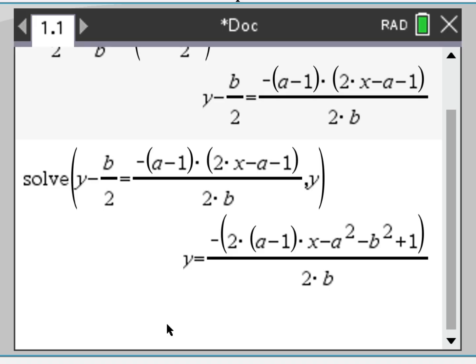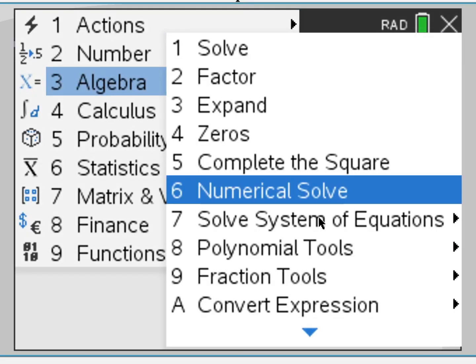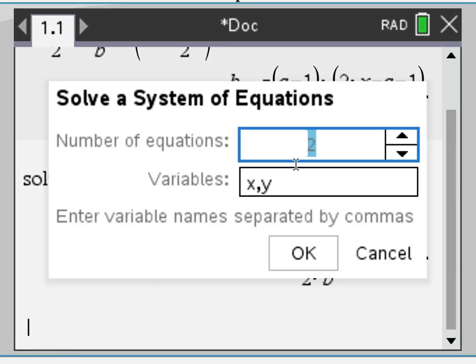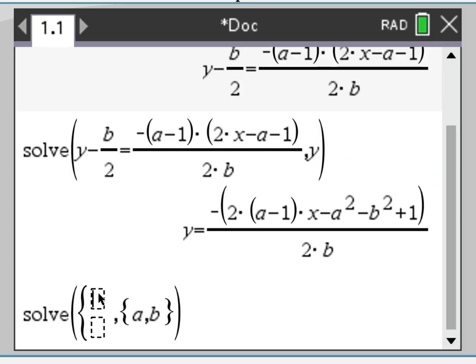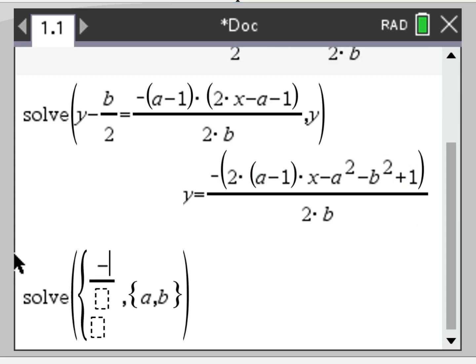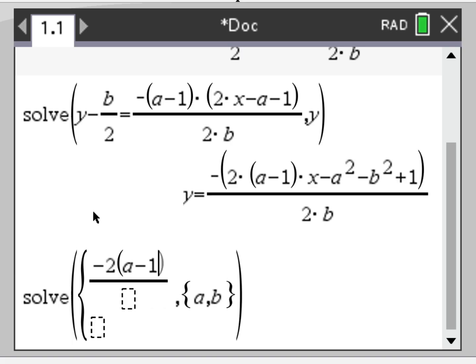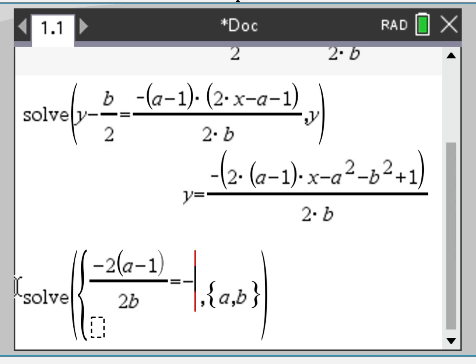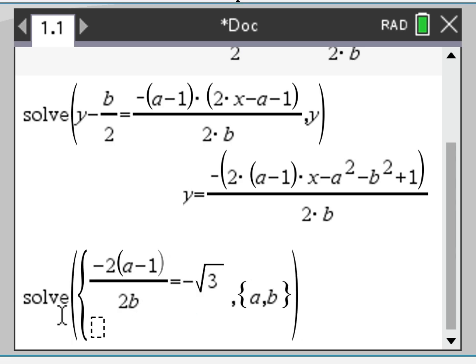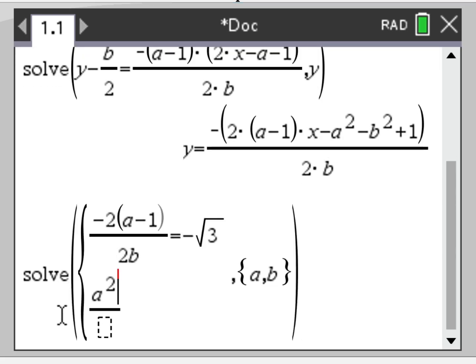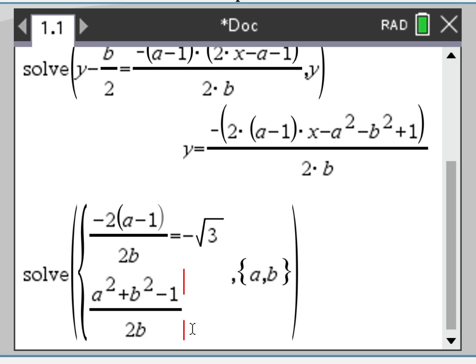Let's do that. So we can just go menu, algebra, solve system of equations. A and b we're trying to solve for, which is negative 2a minus 1 over 2b is equal to negative root 3, and a squared plus b squared minus 1 divided by 2b equals 0.